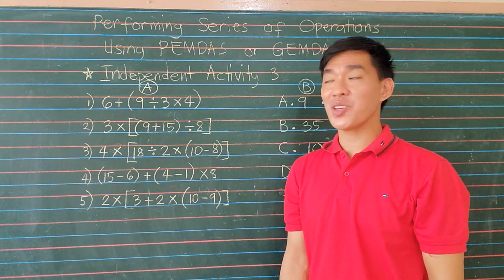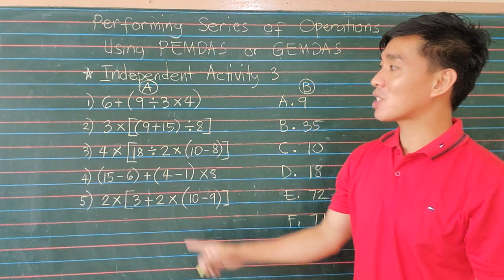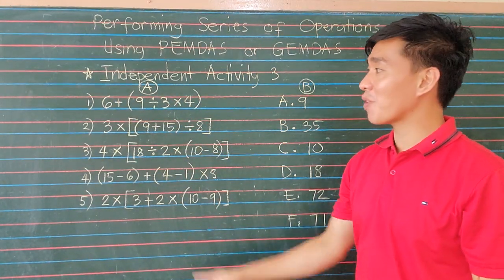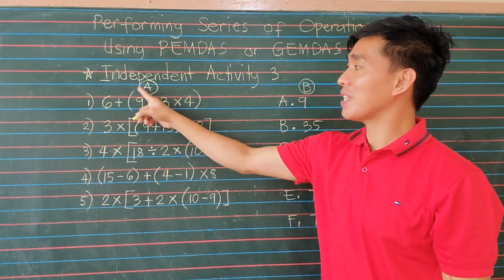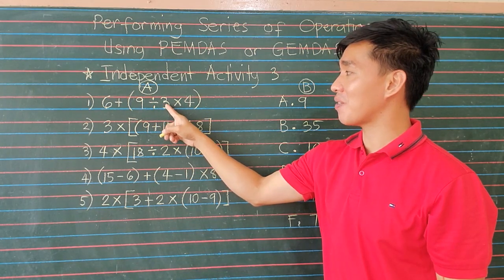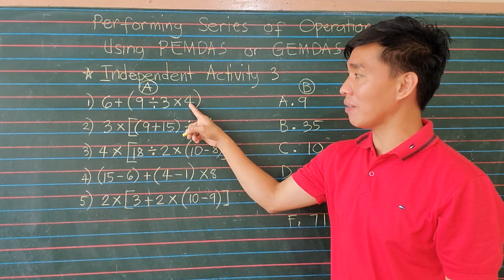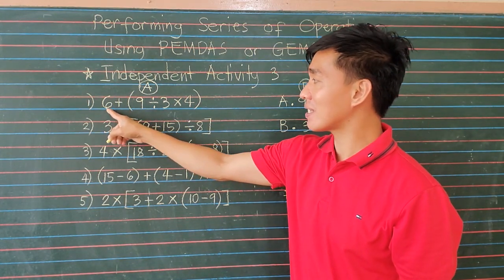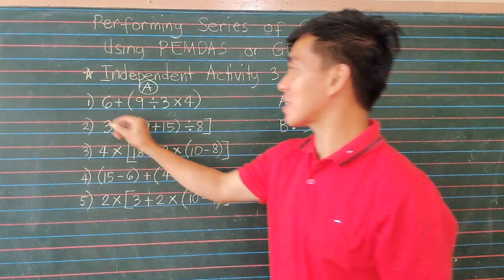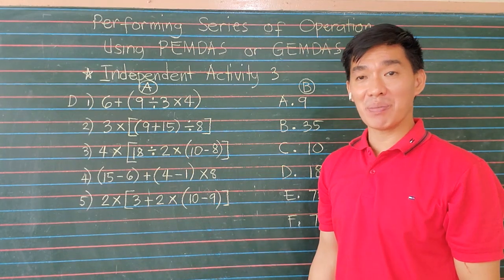Let us now answer your independent activity 3. We will match column A to column B. Of course, for item number 1, inside the parentheses, that is 9 divided by 3 is 3 times 4, that is equal to 12. 12 plus 6, that is equal to 18. Therefore, the correct answer is letter B. Let's proceed to item number 2.